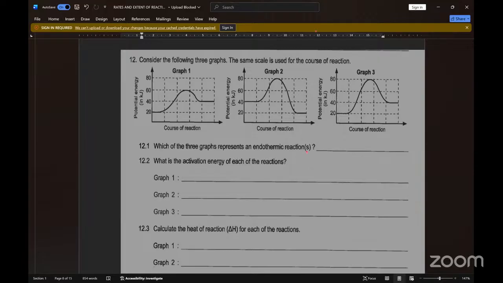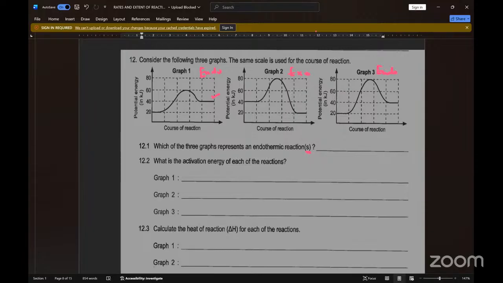The S means that it could be one or more. So endothermic has the energy of the product above the energy of the reactant. So this is an endothermic reaction. This is exo, so this is endo, this is exo, and this is also endo.